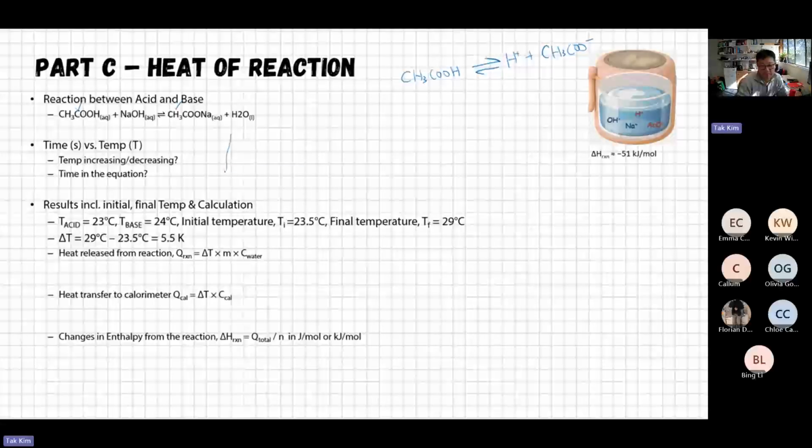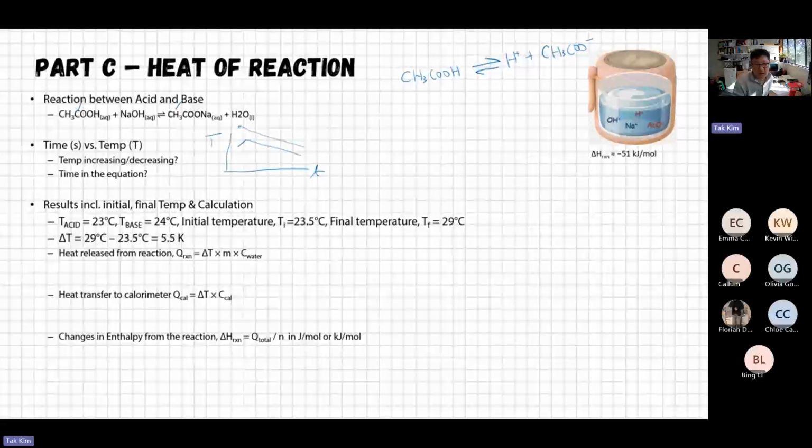Some of you might have temperature and then time, right? So temperature going up and down. In some cases, you might have temperature going from the highest temperature to your temperature in 3 minutes.